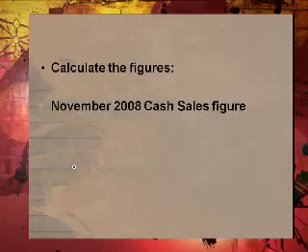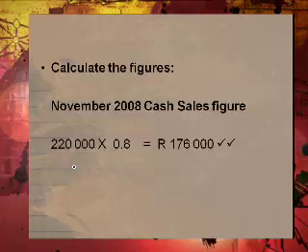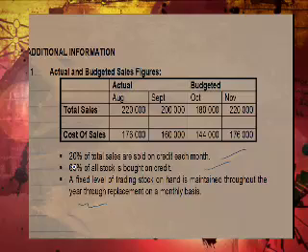Calculate the figures. Number one, you are asked to calculate the November 2008 cash sales figure. Here goes. Now, again, look at your important information. November, my total sales is 220,000. You are expected to calculate the cash sales, taking into consideration that 20% of my sales are on credit.